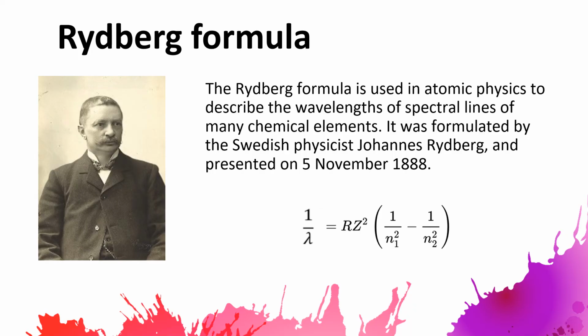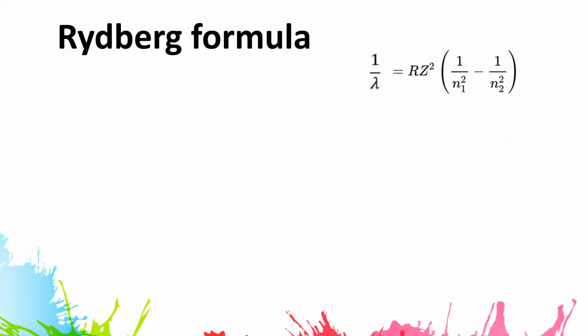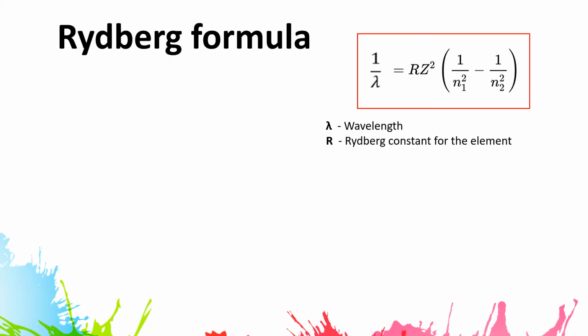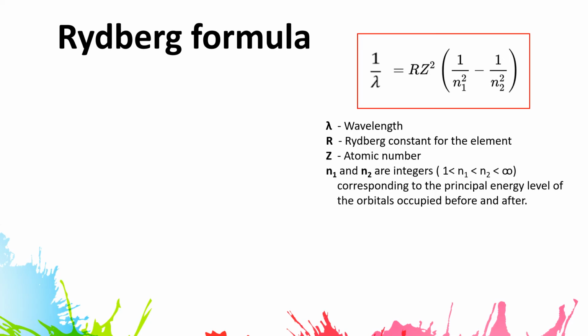Here let's study what those terms are. In this Rydberg formula, lambda represents the wavelength, R is the Rydberg constant, and Z is the atomic number, and N1 and N2 are integers which go from 1 to infinity. These correspond to principal energy levels of the orbital occupied before and after.